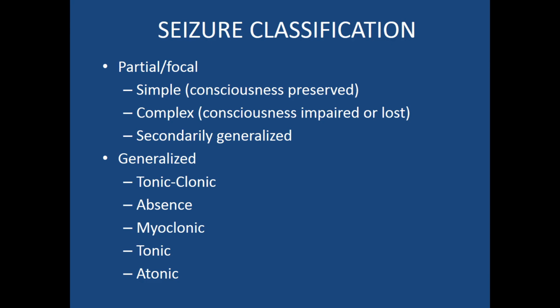Complex seizures are when consciousness is impaired or lost, and some patients can have one type or the other, and then it can secondarily generalize to the entire brain. Or they can present with generalized seizures. The one that gets the most attention is the tonic-clonic grand mal seizure, but it could also be absence, myoclonic, tonic, or even atonic seizures.